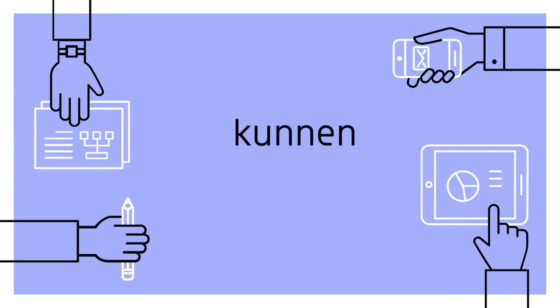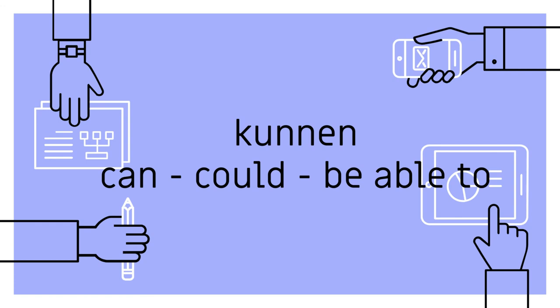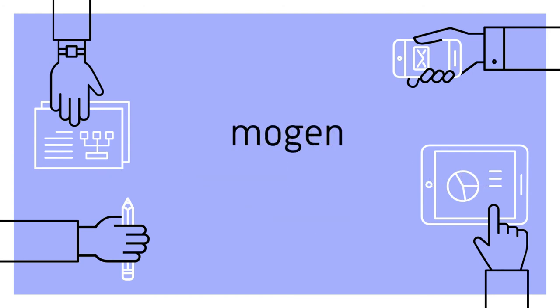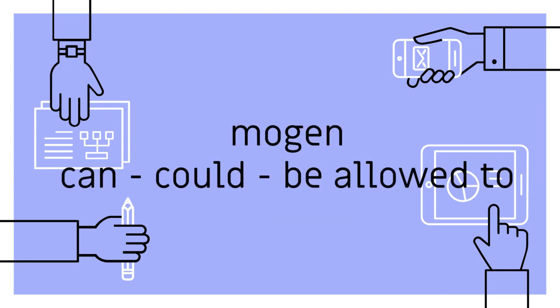So, in short, for kunnen, we use can, could, be able to. Konden, also, then it's could and then be able to. So, remember that. Plus verb, that's very important. And for mogen, we also use can, could, be allowed to.